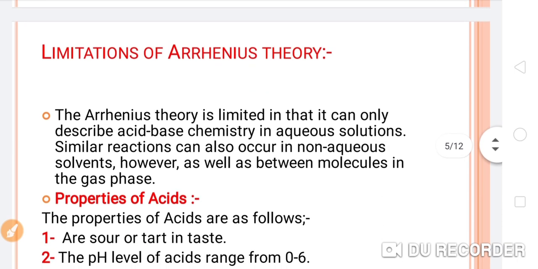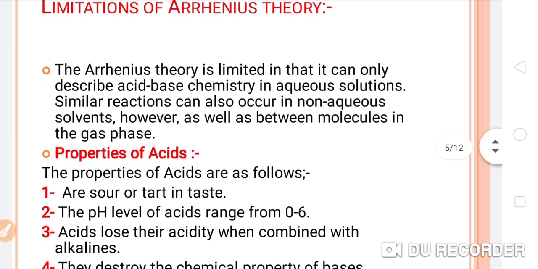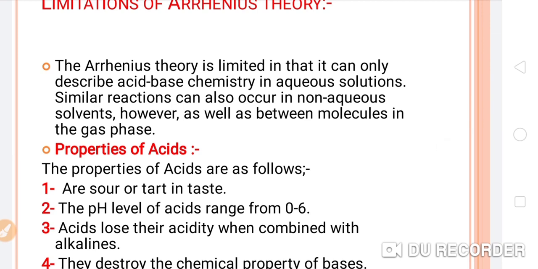What are the limitations of the Arrhenius theory? The Arrhenius theory is limited in that it can only describe acid-base chemistry in aqueous solution.